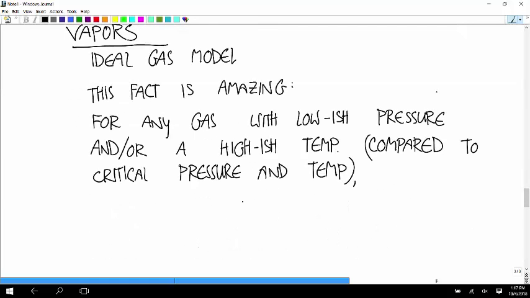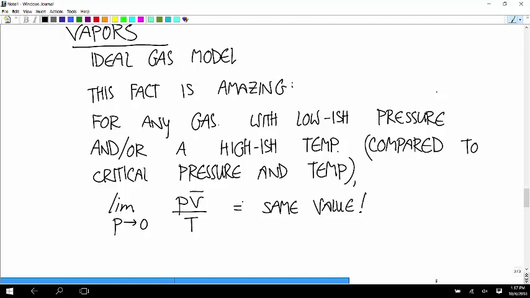the limit as the pressure goes to zero of P times the molar specific volume divided by the temperature is equal to the same value.